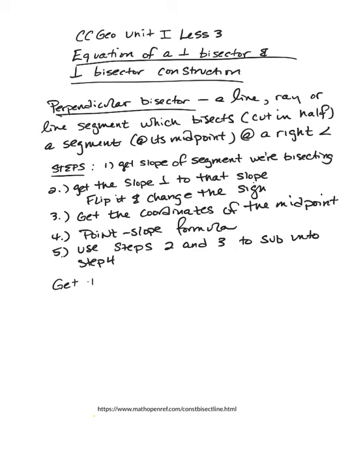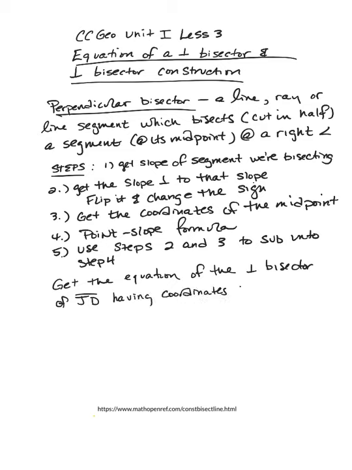Okay, get the equation of perpendicular bisector of JD having coordinates J and D. So number 1, we get the slope.